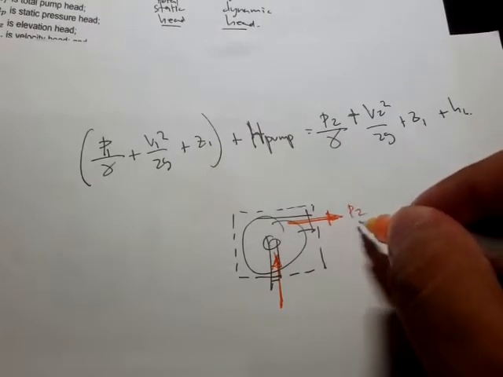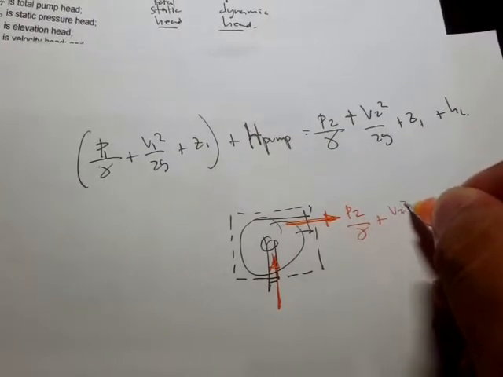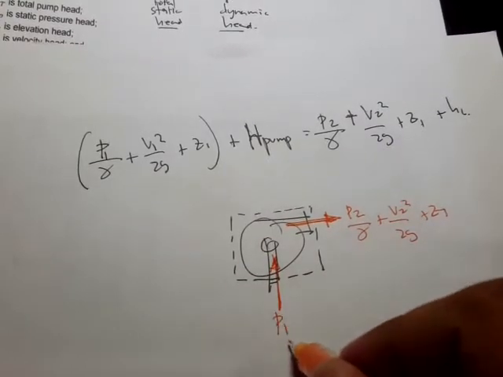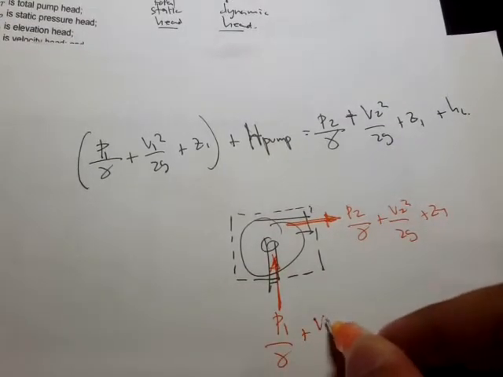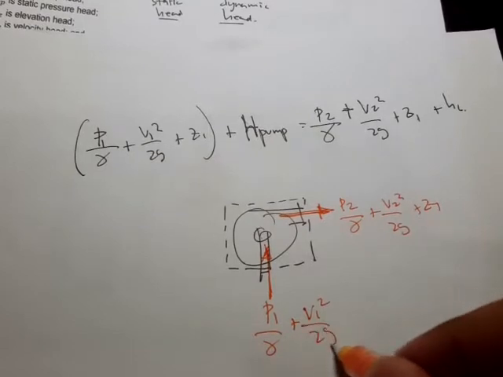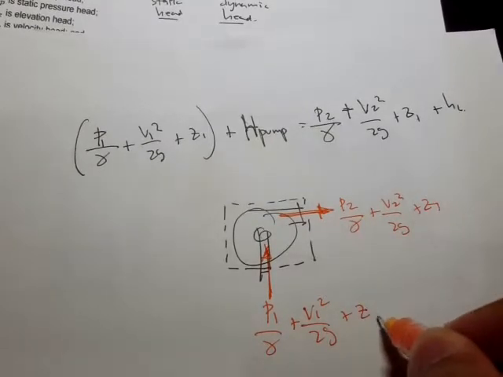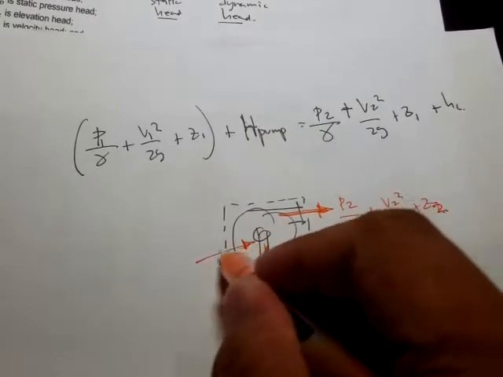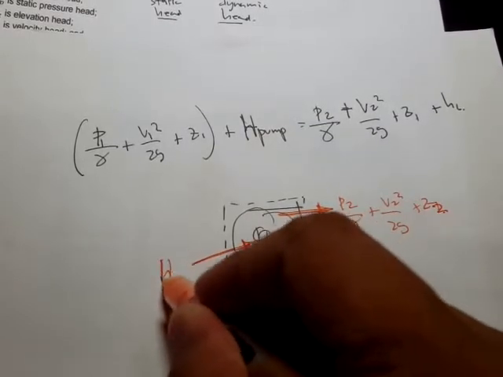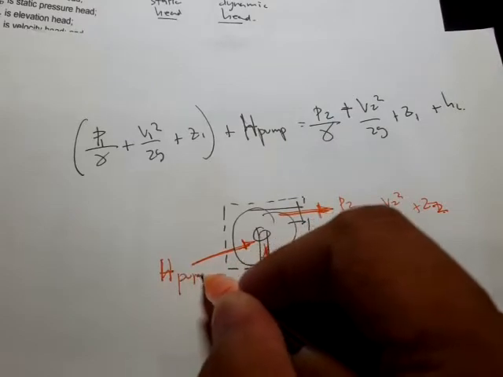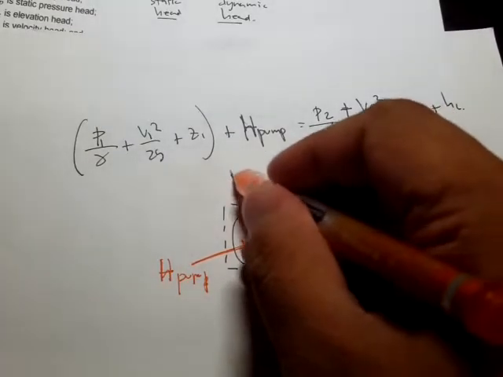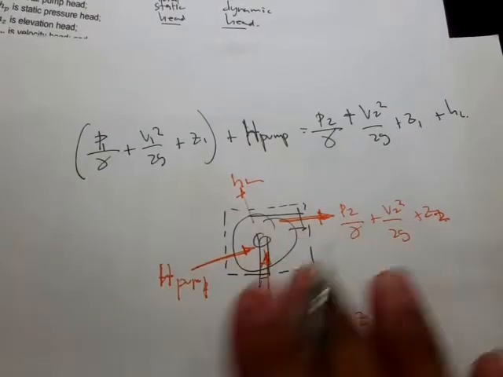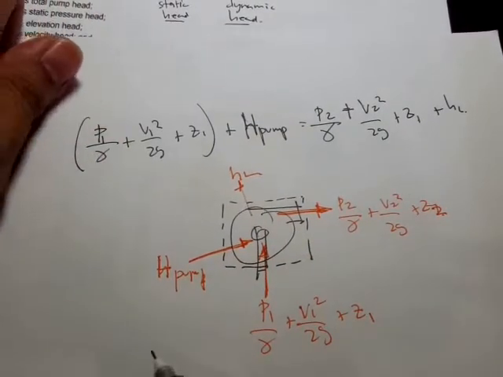So we have P sub 2 plus V2 squared over 2g plus Z sub 2 at the exit. The energy input for the pump is our pump head, H pump, and of course there are losses, H sub L. H sub L refers to the major loss and the minor loss.